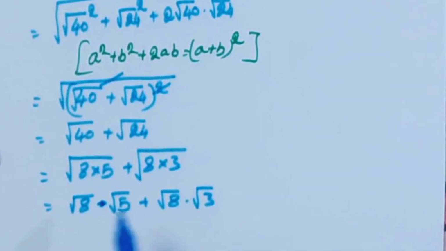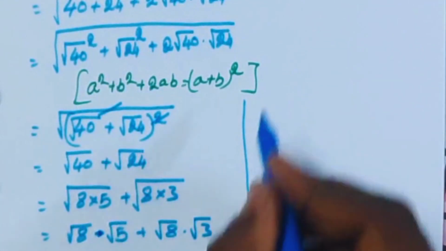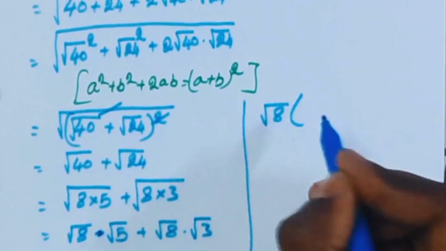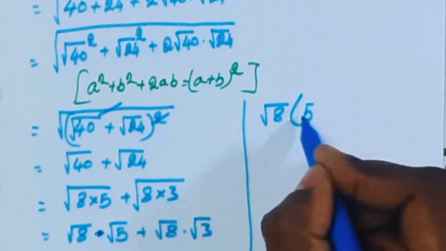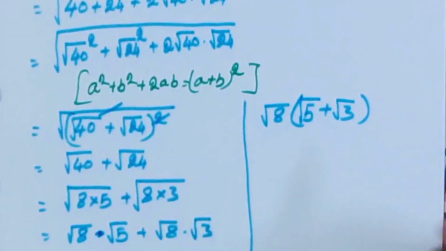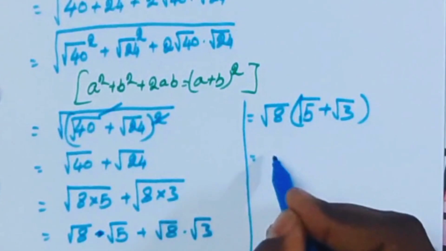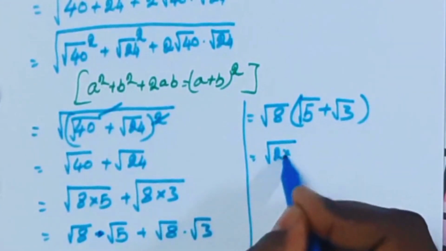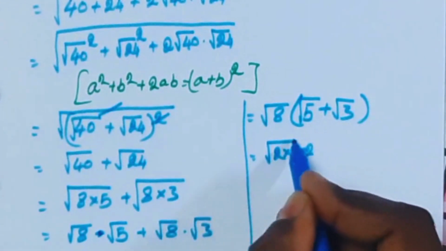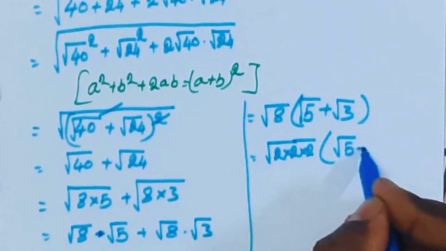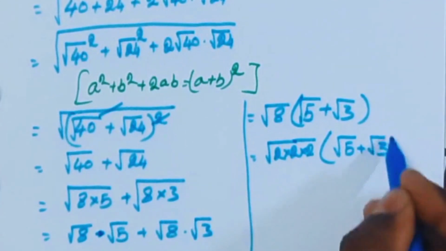Now we are going to take this common out. Now square root of 8 open bracket square root of 5 plus square root of 3. Now this can be written as square root of 2 times 2 times 2, open bracket square root of 5 plus square root of 3.